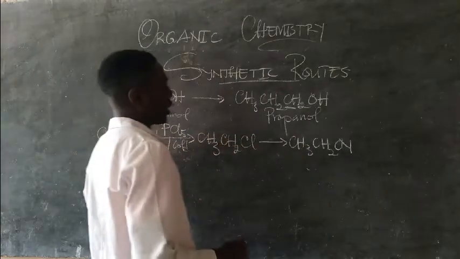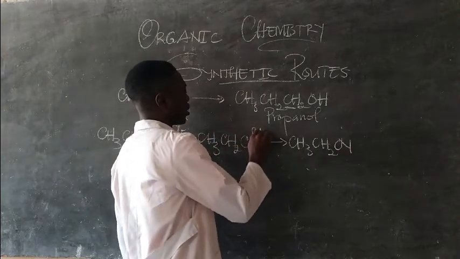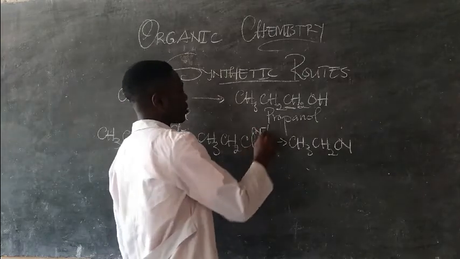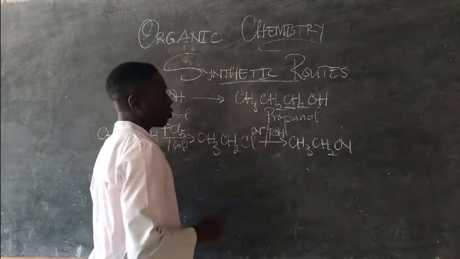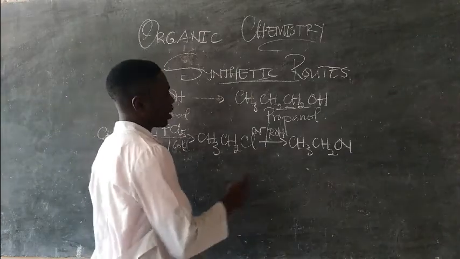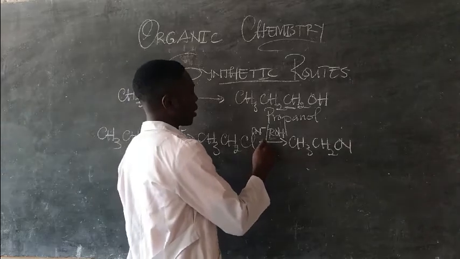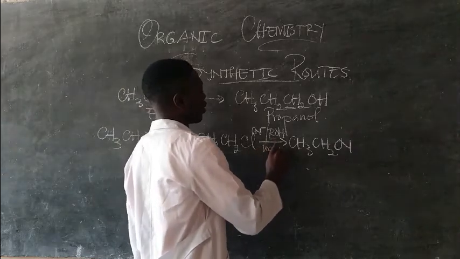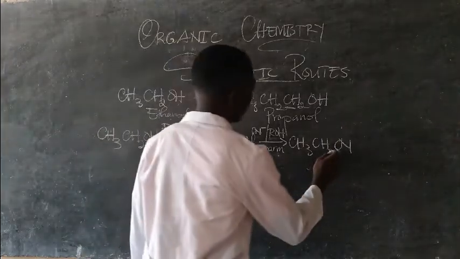I add a cyanide to it, so I can use a metal cyanide, maybe potassium cyanide or sodium cyanide, in the presence of alcohol, maybe ethanol. Please spell alcohol in full, and I warm it. If I add cyanide in alcohol and warm, I am going to obtain the nitrile.